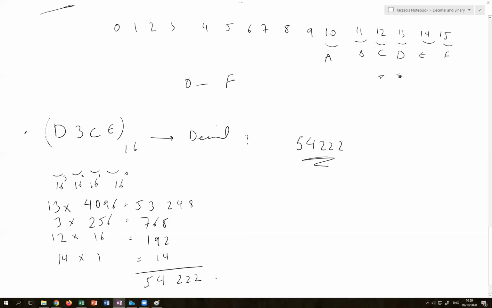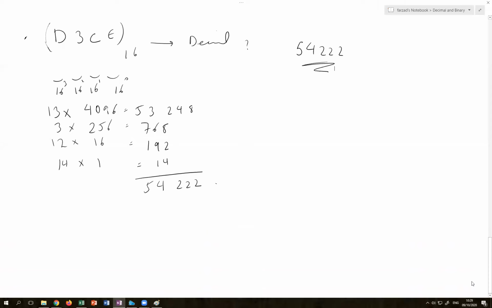So how can we actually convert the decimal to the hexa? That's very simple. Let's do it, for example, a very simple number that we can do. Now decimal to hex. For example, 54, very simple thing.